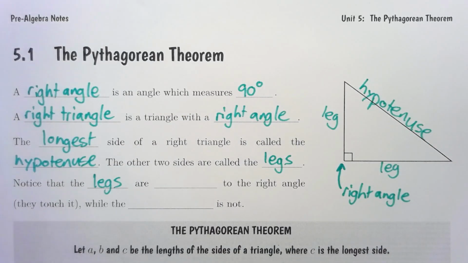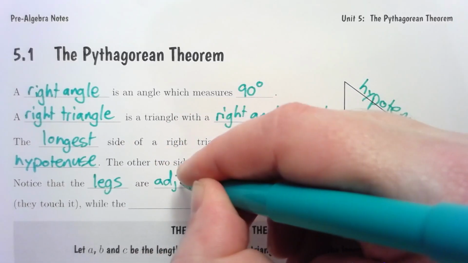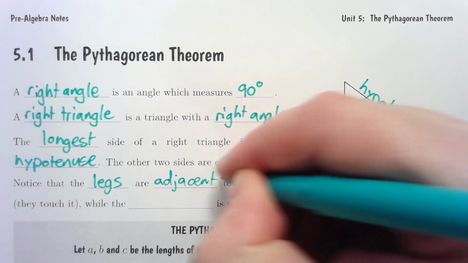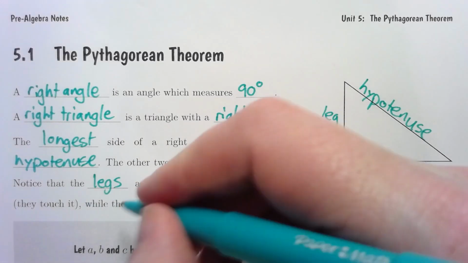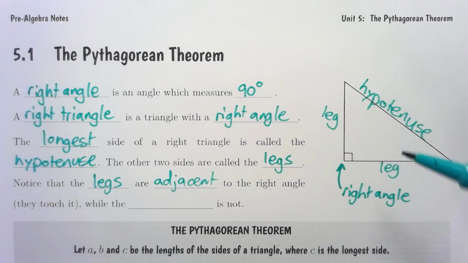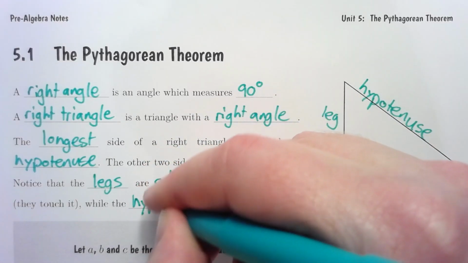Now in geometry, we use a particular word to describe this. We say they are adjacent to the right angle, which means they touch it. Adjacent literally means next to. Which side is not adjacent to our right angle? Well, that longest side, which we called the hypotenuse.